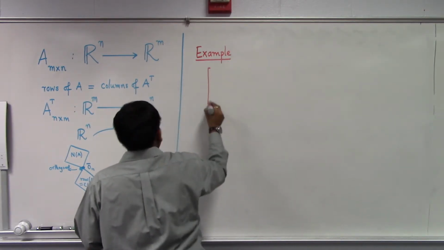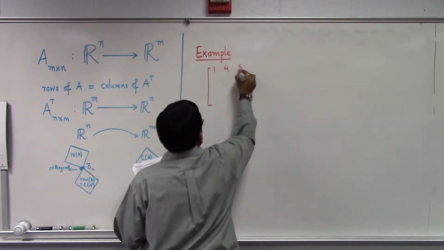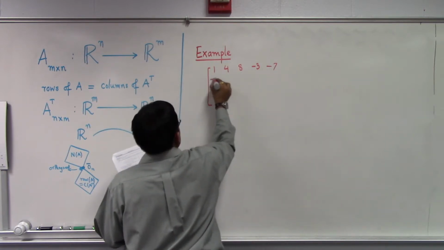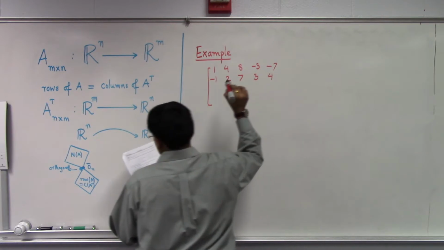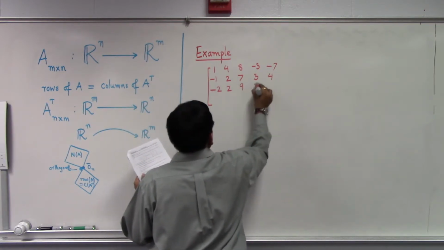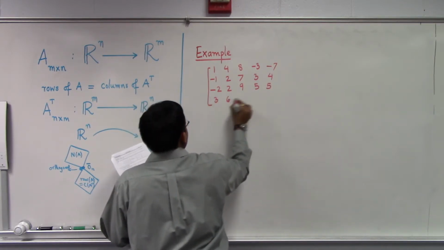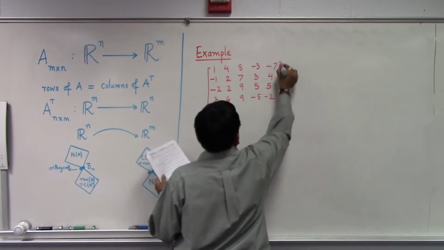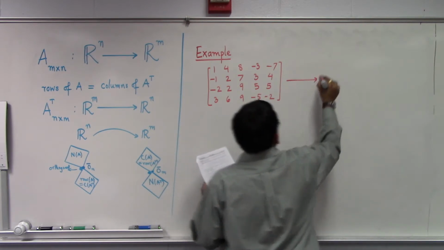So here's my matrix A. It's a rather big one. And its row reduced form is the following.